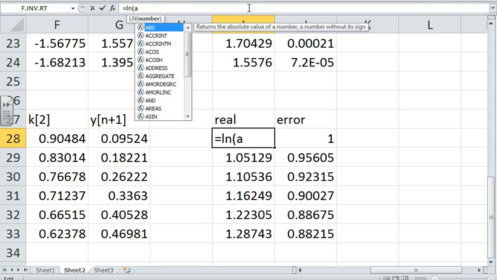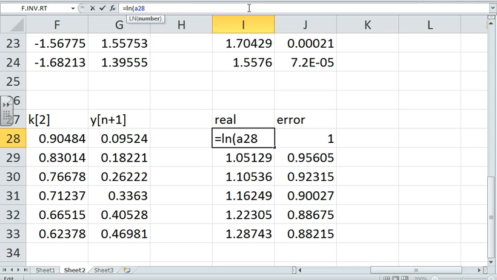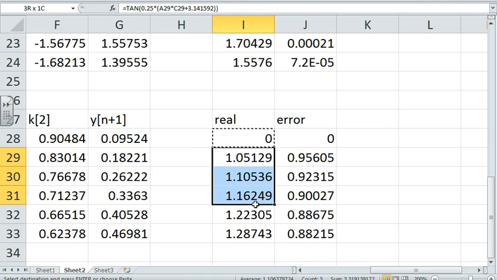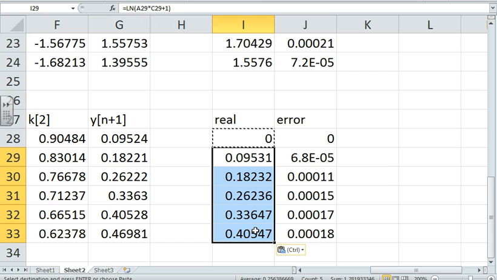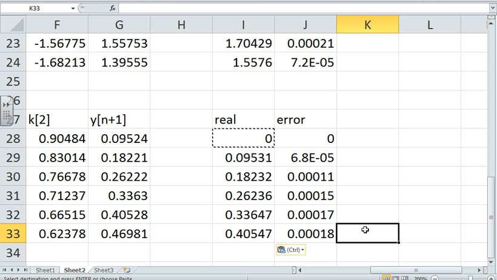A28 times C28 plus 1. Much better. Yeah, that's what I was supposed to get.